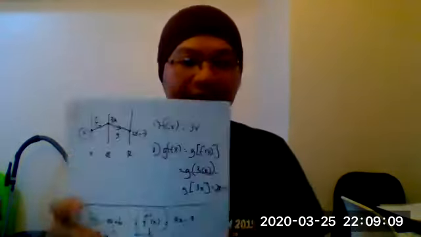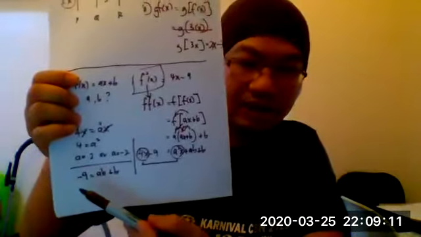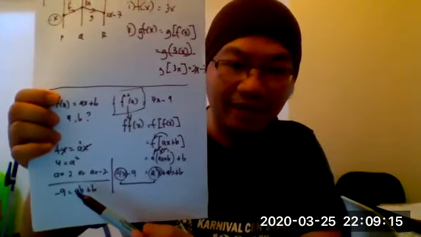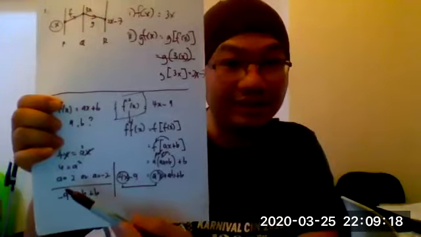So it becomes like this: negative 9 equals ab plus b. Now, we know we got two values of a.